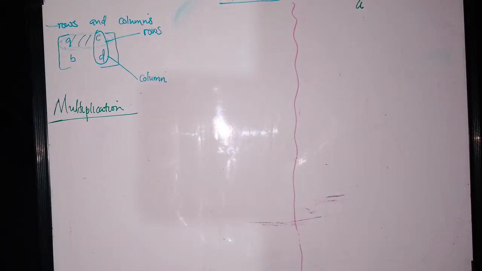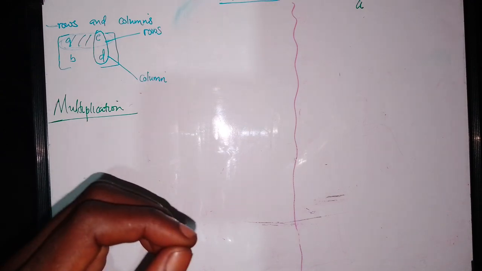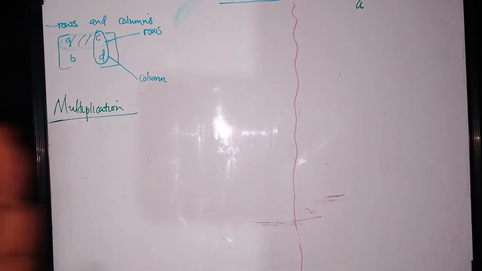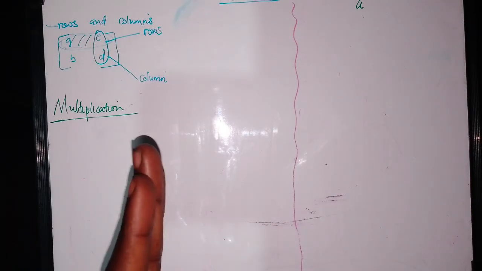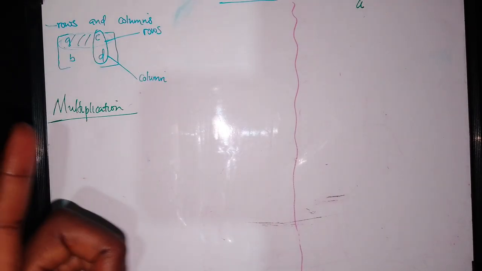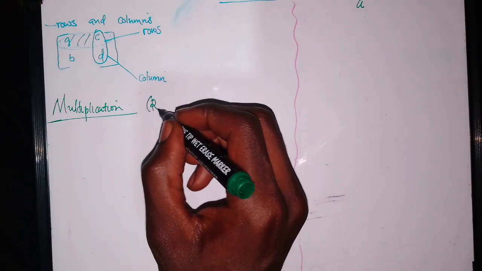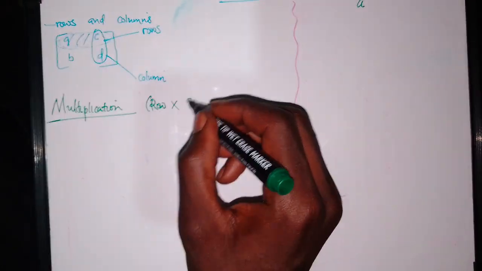Multiplication is different from addition and subtraction in the sense that the rows and columns of the two different matrices should match. Why are we saying that? Because in multiplication we are multiplying rows with columns.